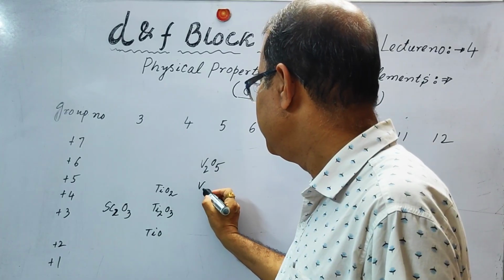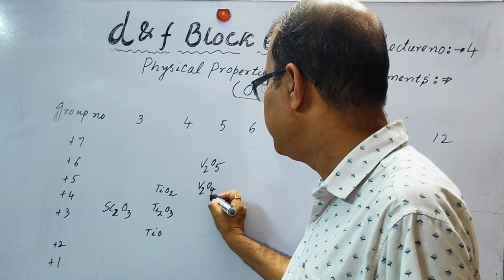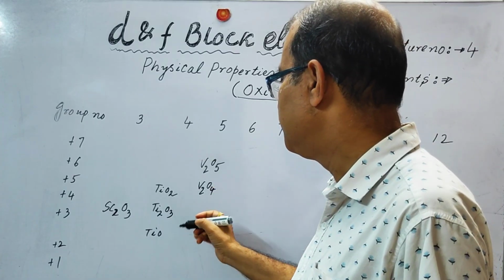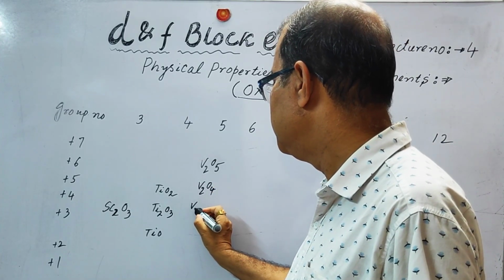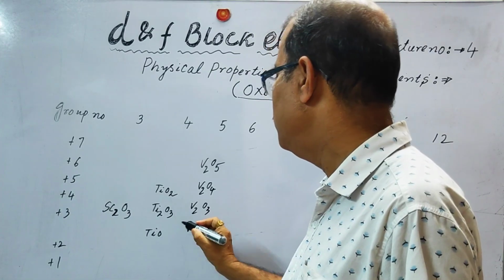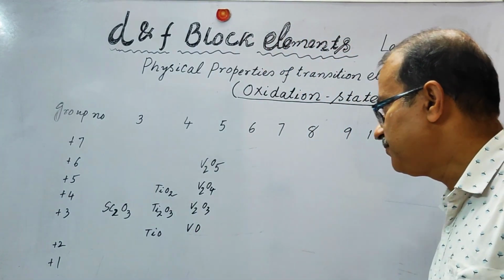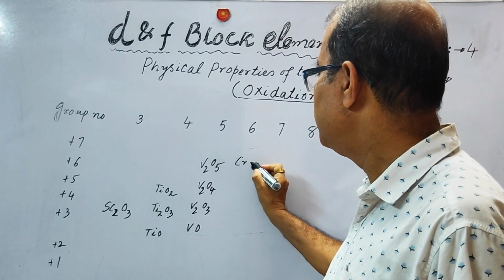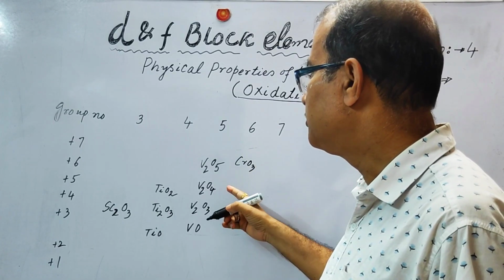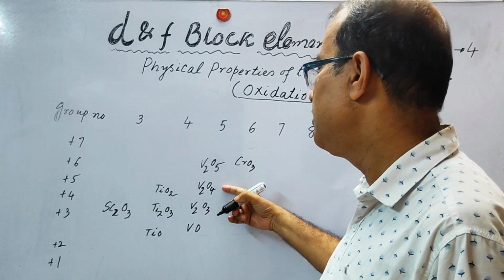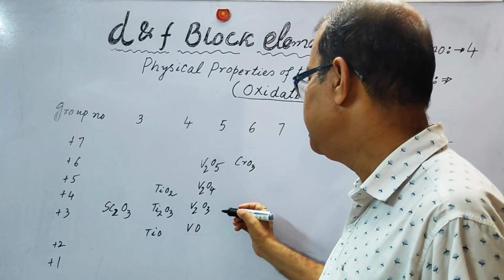Here you can see this compound is produced, and where you can see the +4 oxidation state, this is V2O4, and V2O3 and VO. In the case of now the chromium, CrO3, here the oxidation state 5 will not be produced, but this will.